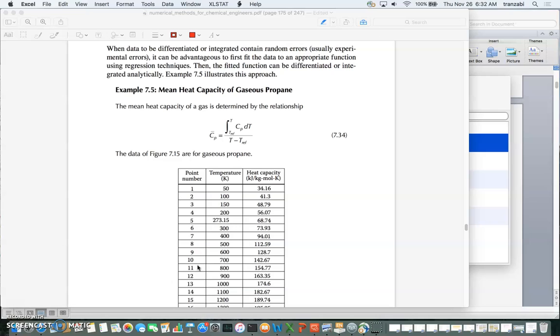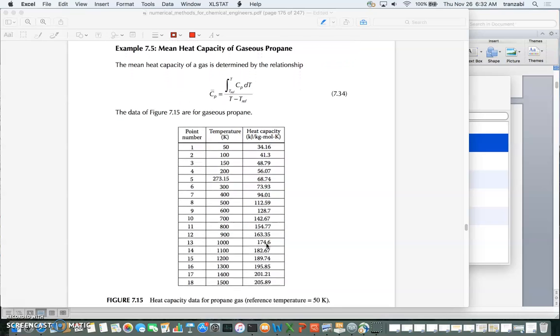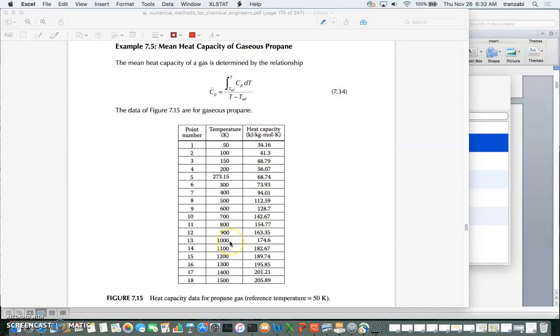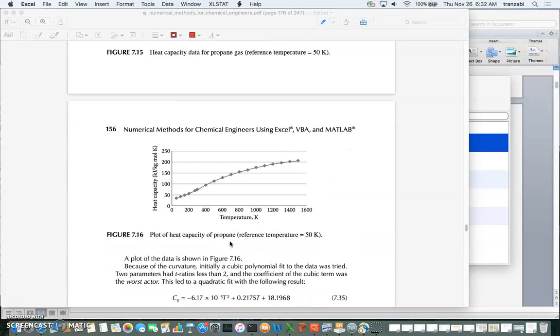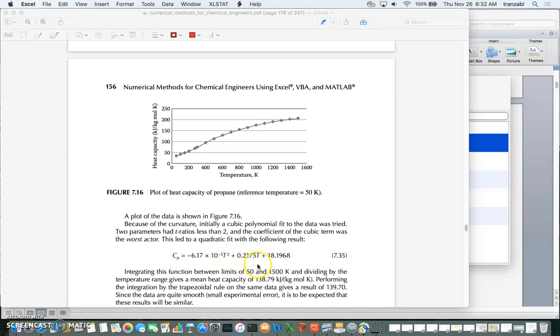So in this case, we have some data points, the temperature and the heat capacity, and I want to correlate the heat capacity to the temperature using a cubic polynomial. So let's say I assume a cubic polynomial. It has a constant term, linear term, quadratic term, and also the cubic term.